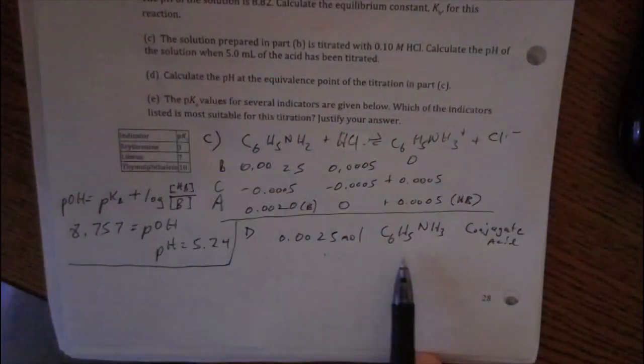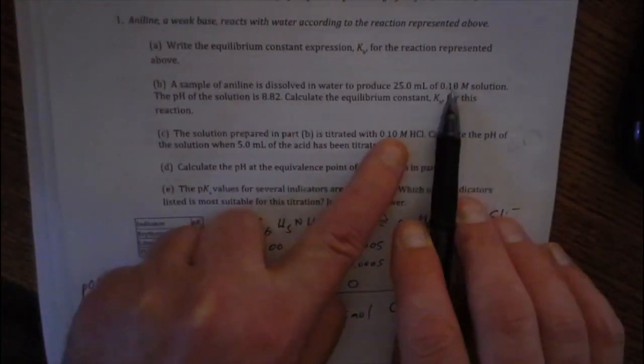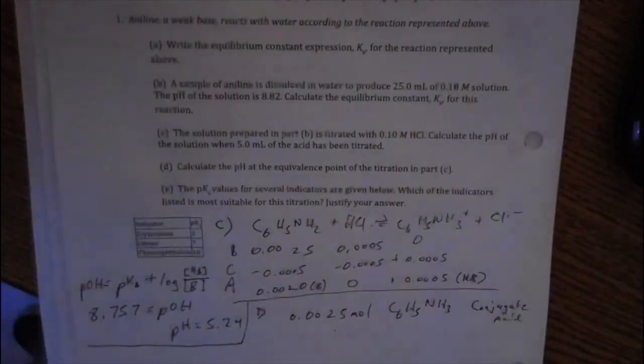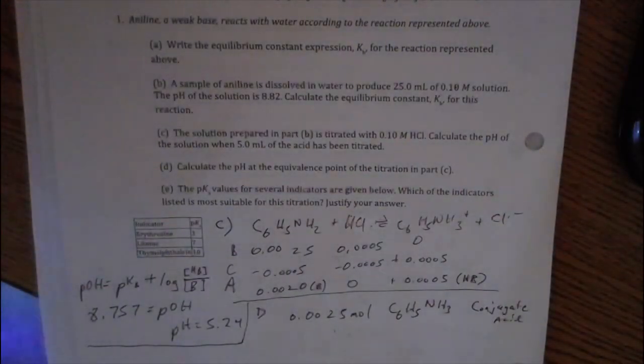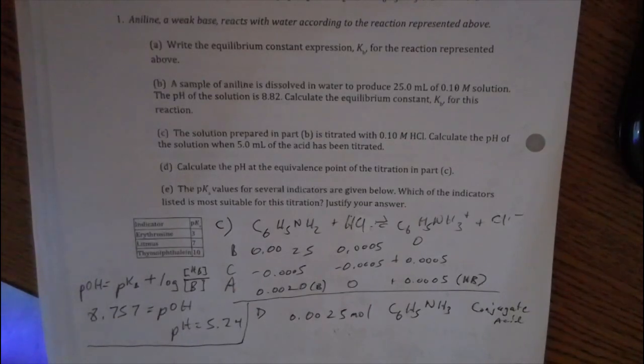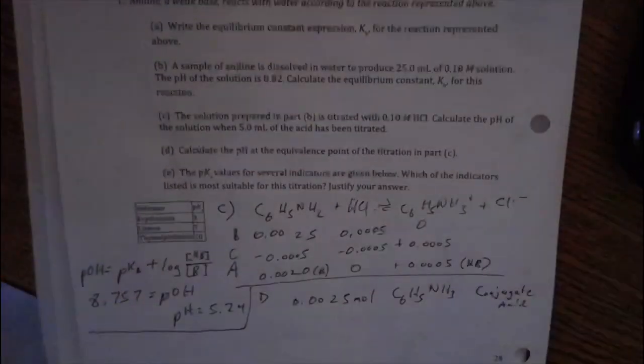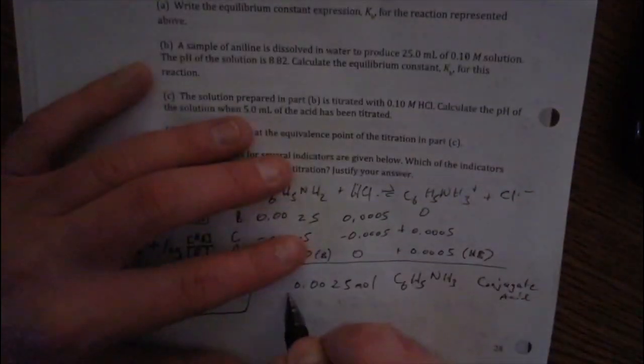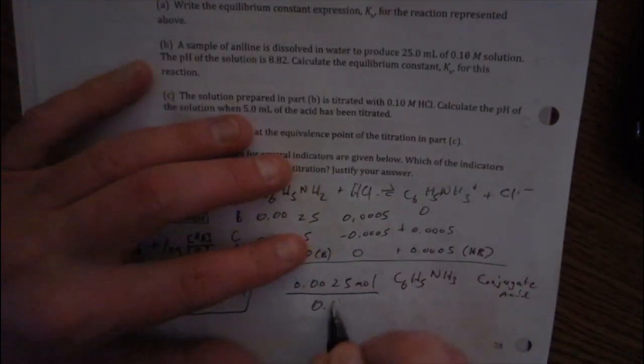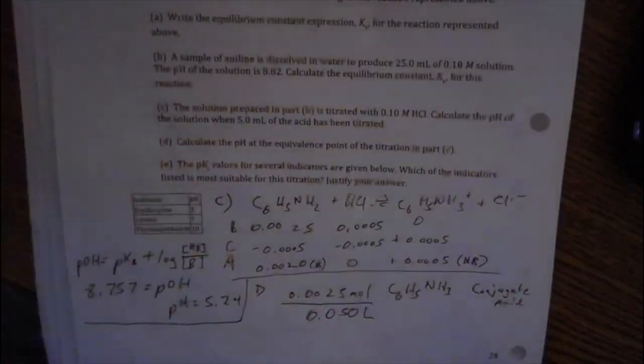So that's moles of the conjugate acid. Well, keep in mind, both of these are the same concentration, yes? 0.1 molar, 0.1 molar. So how many milliliters of this HCl are we going to have to add to cancel that out? The same volume. Why? Again, because it's a 1-to-1. And what is 25 plus 25? 0.050 liters.